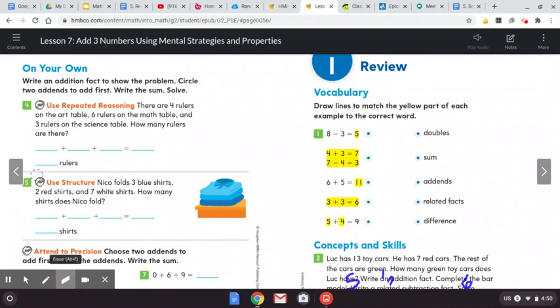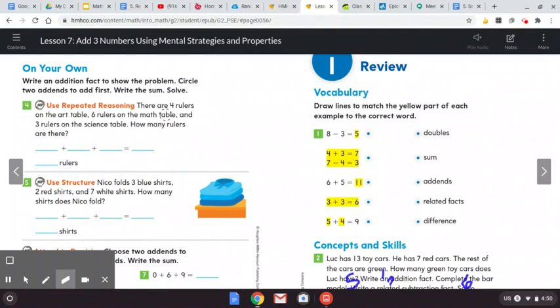Number 5 on your own says use structure. Using structure gives us a clue that you might want to find a strategy to solve your problem.